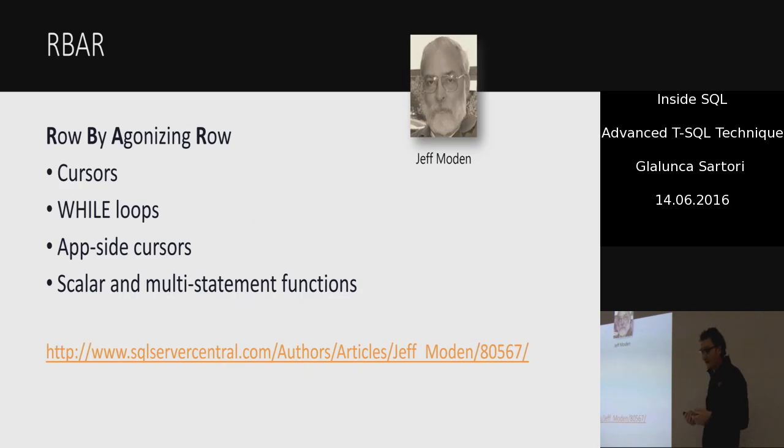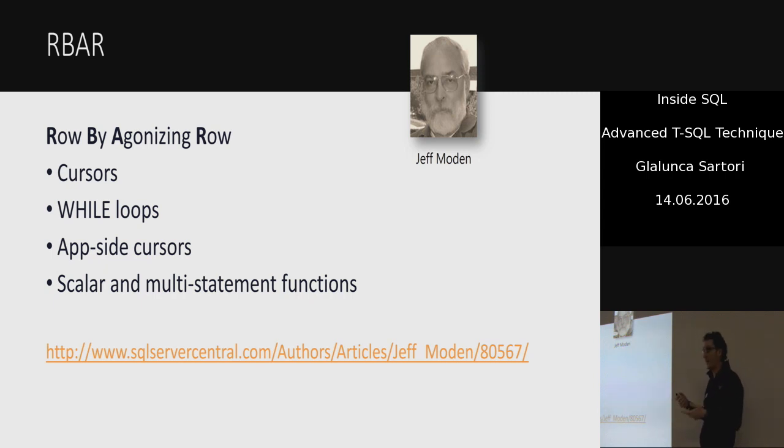So writing high-performance code means fighting an enemy, and the enemy is not Jeff Moden. If you don't know him, Jeff Moden is this man with a beard. He wrote a lot of articles that you can find on SQL Server Central, and he's the man who came up with the RBAR acronym. RBAR means row by agonizing row, so basically the first thing that comes to your mind is a cursor. But it's not limited to cursors, it's everything that does things one row at a time.